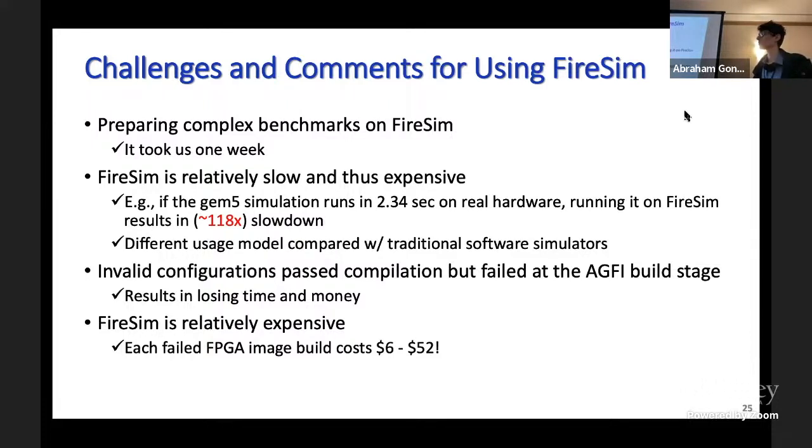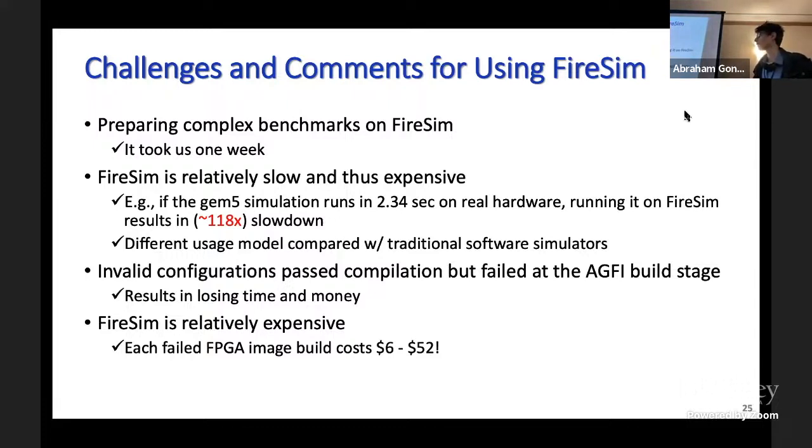So misconfigurations or failed compilations can cause you to incur some expenses. And when you're enumerating a large design space or trying to test a lot of different configurations, it can become cost prohibitive, especially compared to testing a large configuration space using traditional software simulation.